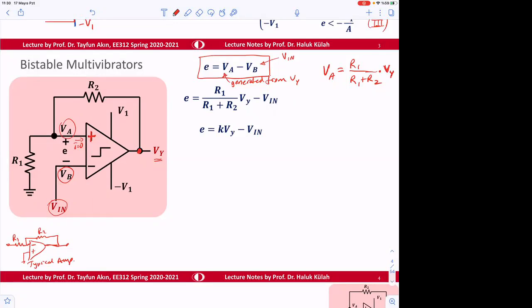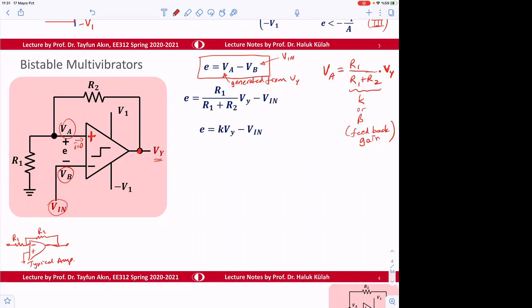This value we can call K, or beta, or the feedback gain. Of course, this gain is going to be less than 1. Now you can be curious, why are we talking about all these?